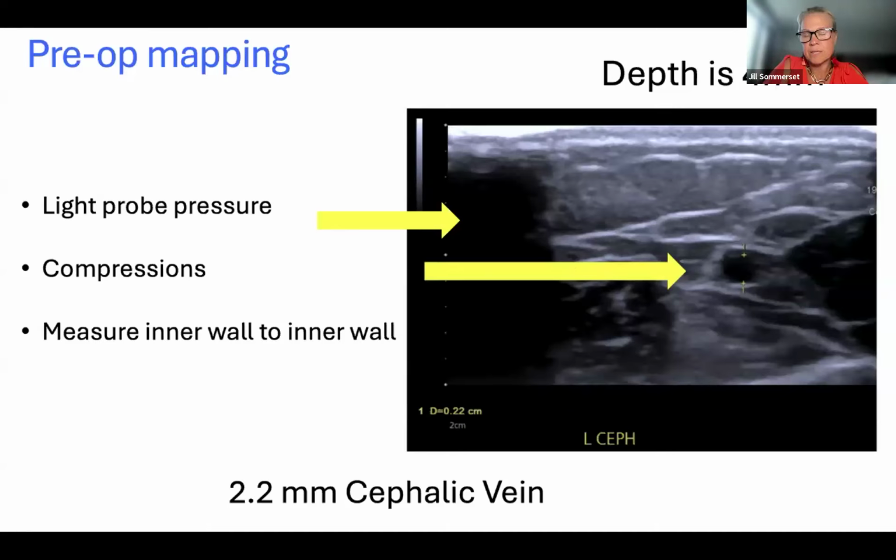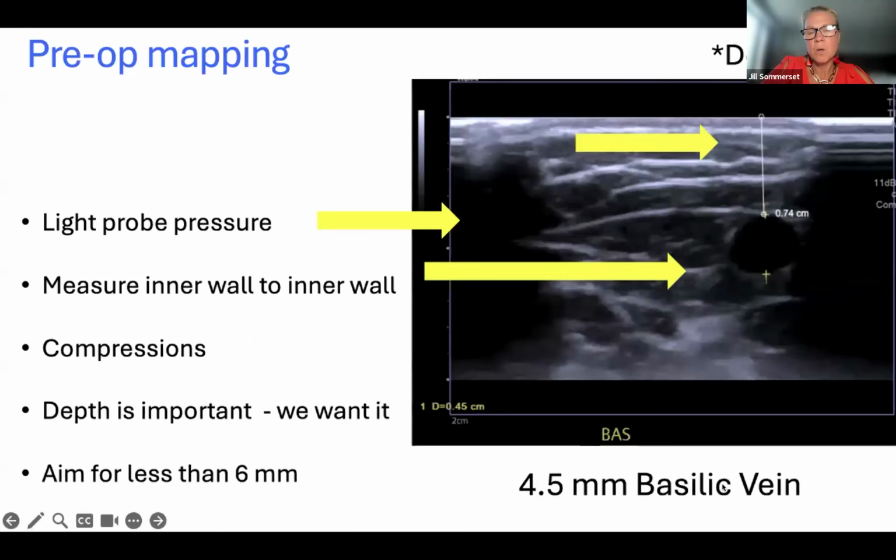And so therefore, I'm going to go to the basilic vein, which again, a little lighter probe pressure, measuring inner wall to inner wall, doing our compressions. And then if we measure the diameter here, it's really nice. It's 4.5. But what's important here to note is that the depth is deep.